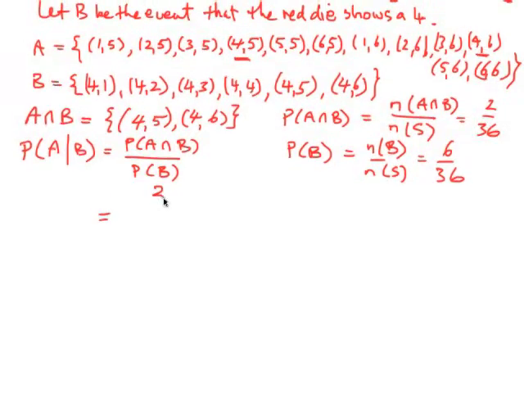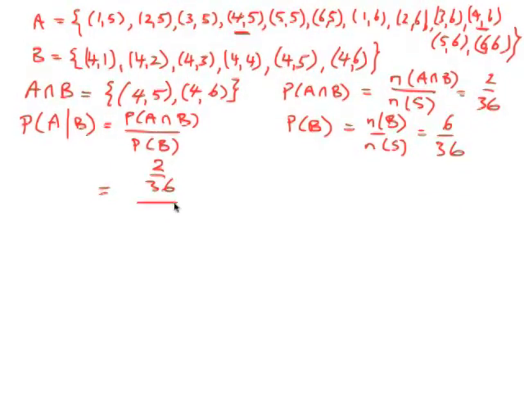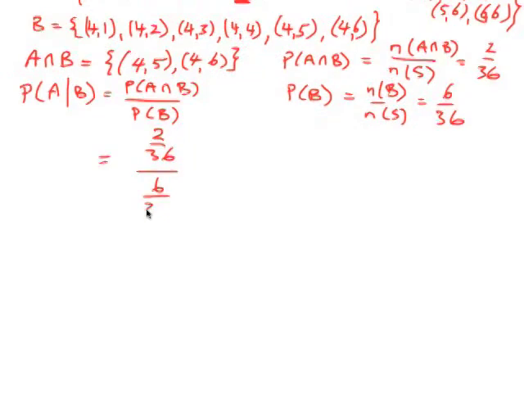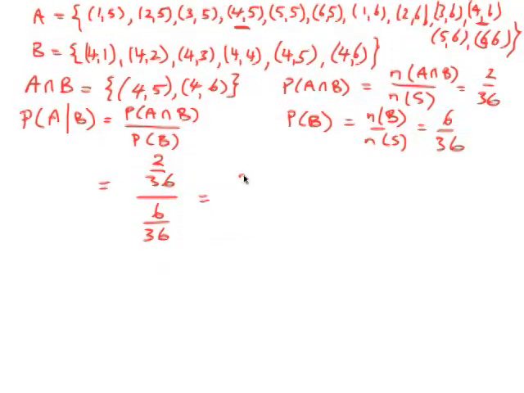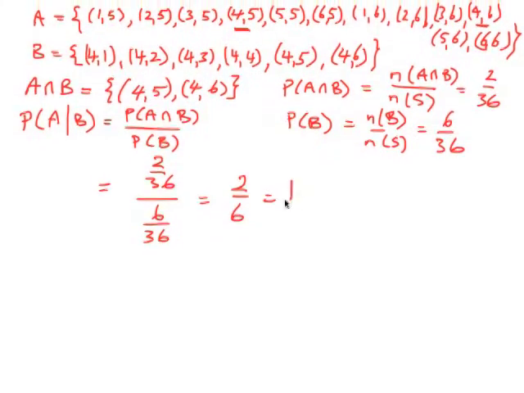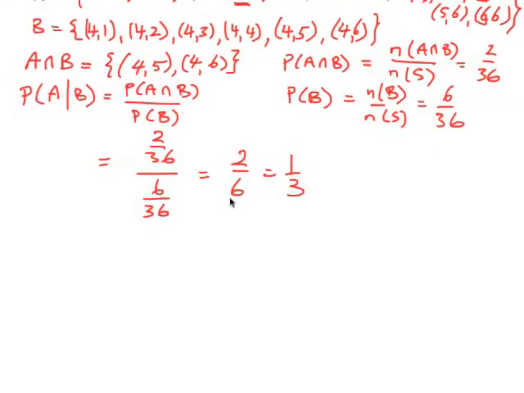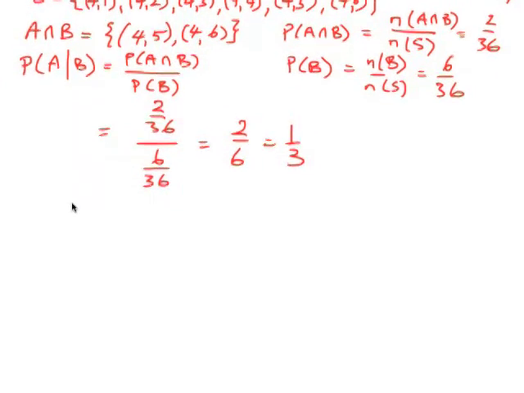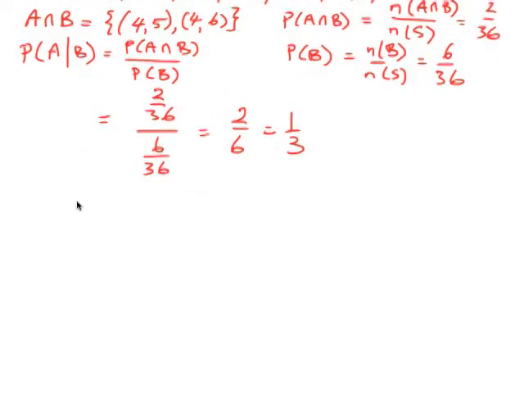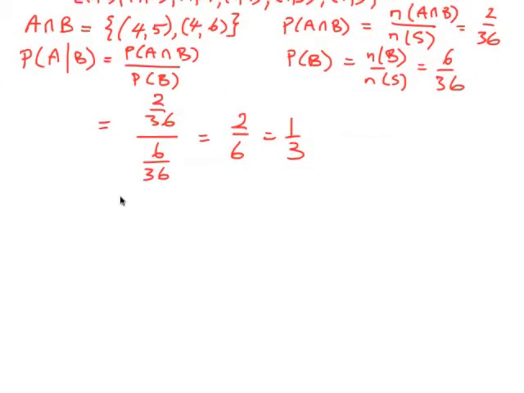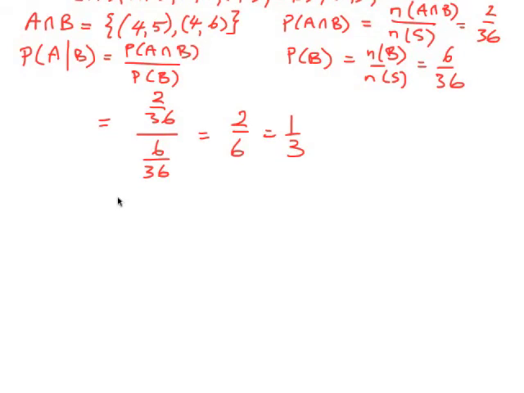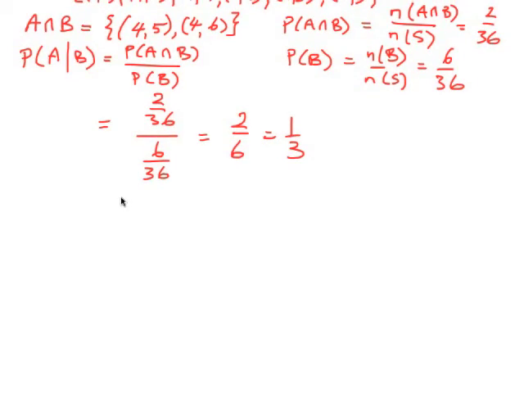So this is going to be 2 on 36 divided by 6 on 36, which of course is 2 on 6, which is 1/3. So consequently, in this example, the condition that the red die shows a 4 didn't actually change the probability that the white die will show a number greater than 4.